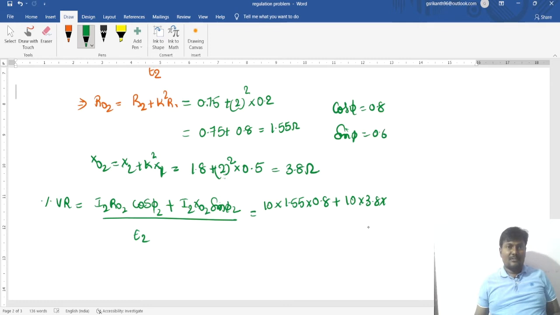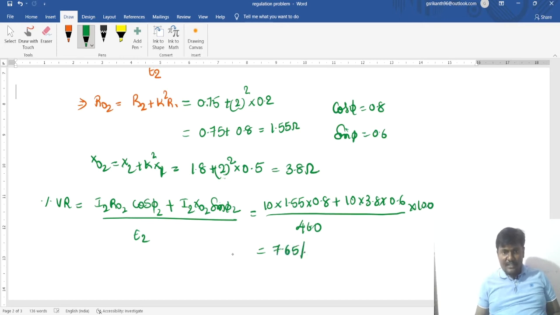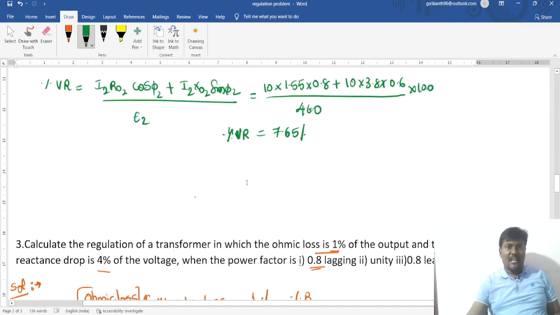If you have a doubt, try in your calculator. 10 into 3.8 into 0.6 divided by the E2 value. So the E2 value is 460, then multiplied with 100. So finally I got it as 7.65 percentage. That is called the percentage voltage regulation for lagging power factor.